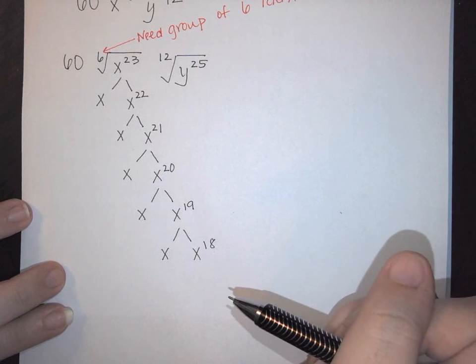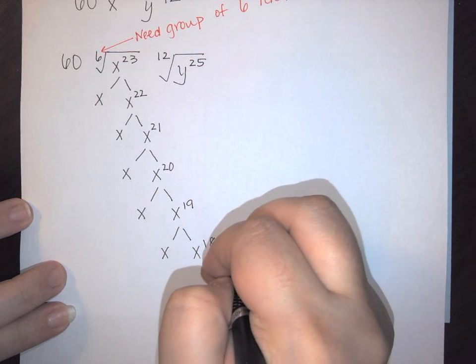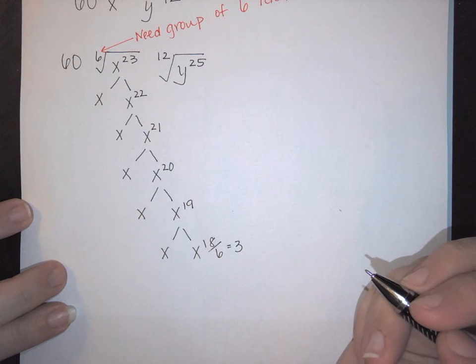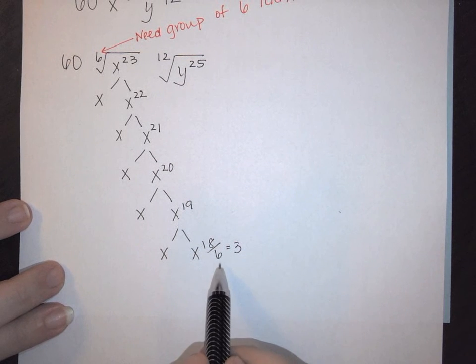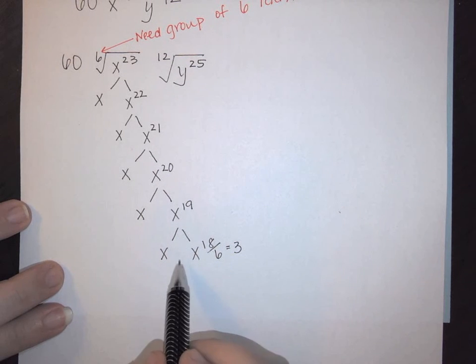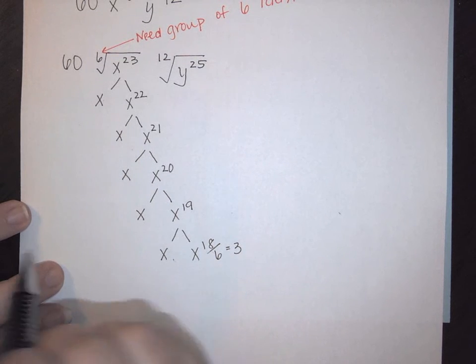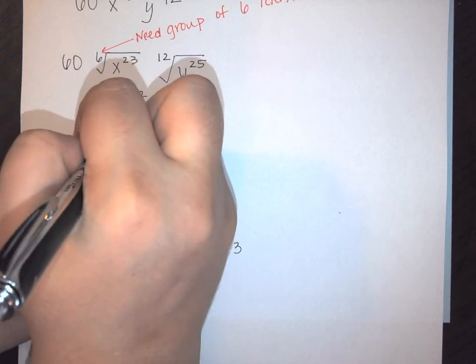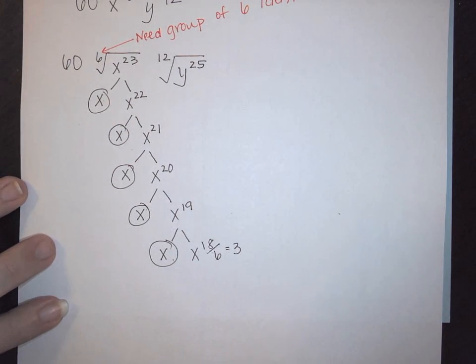Well, 6 into 18 works. If we divide this by 6, we end up with 3. So what happens is that we can pull out x cubed, but then all these other ones left have to stay underneath the radical. So here, this 2, 3, 4, and 5 all remain.